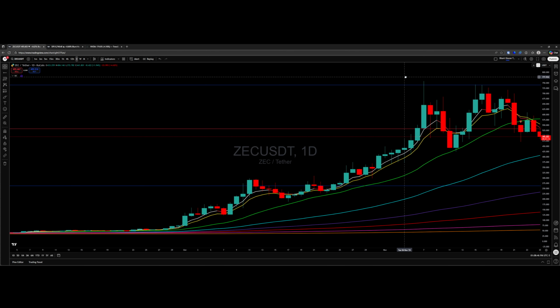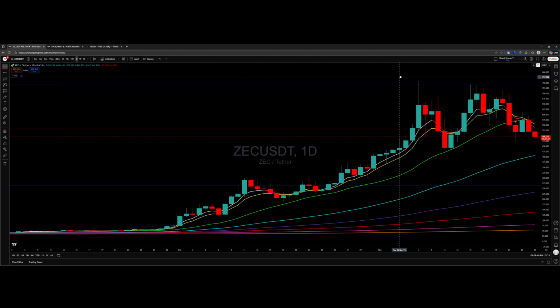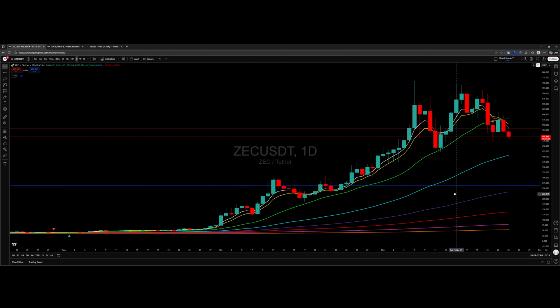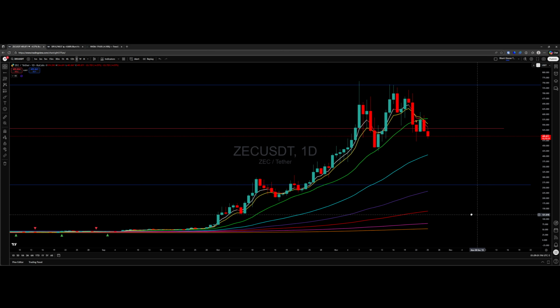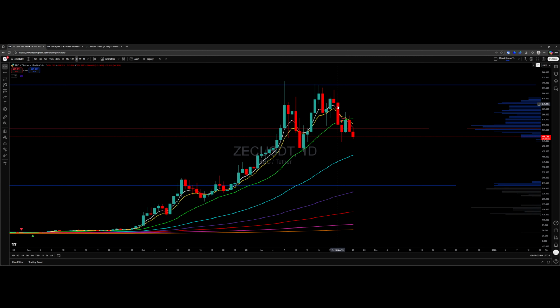So it came back there. It's not holding it. So if we're breaking one level, maybe we're looking for the next. Probably. And the only thing that will change that will be a massive influx of money to reverse all of this and turn it into an uptrend like you see here.